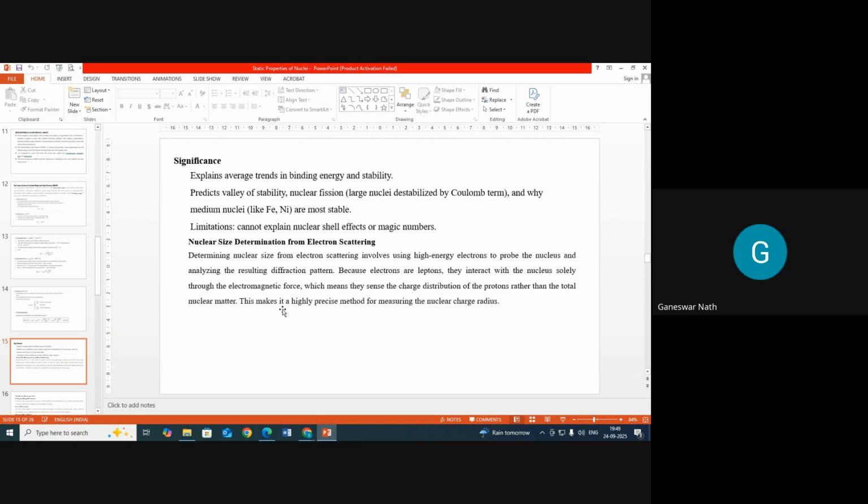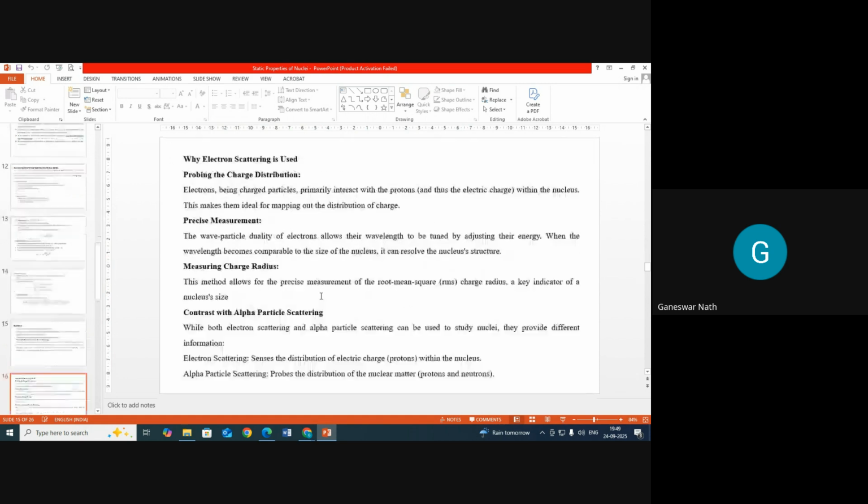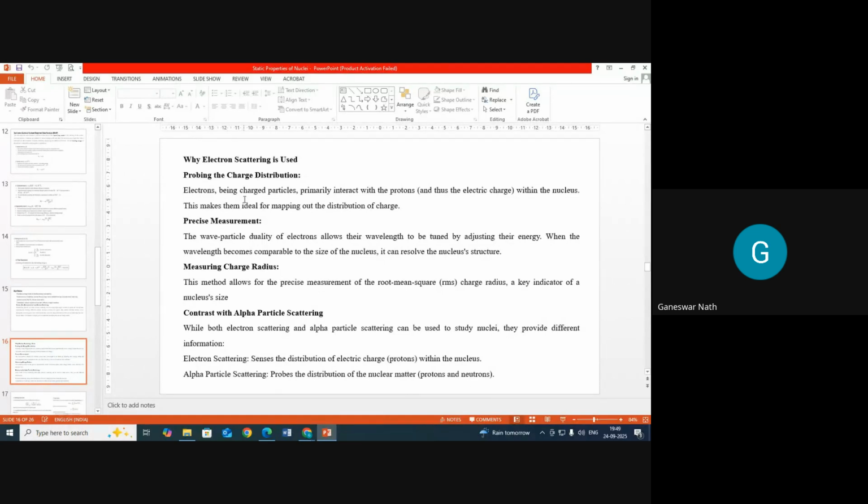So this is why we prefer the electron scattering method. I have written in a precise way why electron scattering is used. First, probing the charge distribution: electrons, being charged particles, primarily interact with the protons within the nucleus, and this makes them ideal for mapping out the distribution of charge.